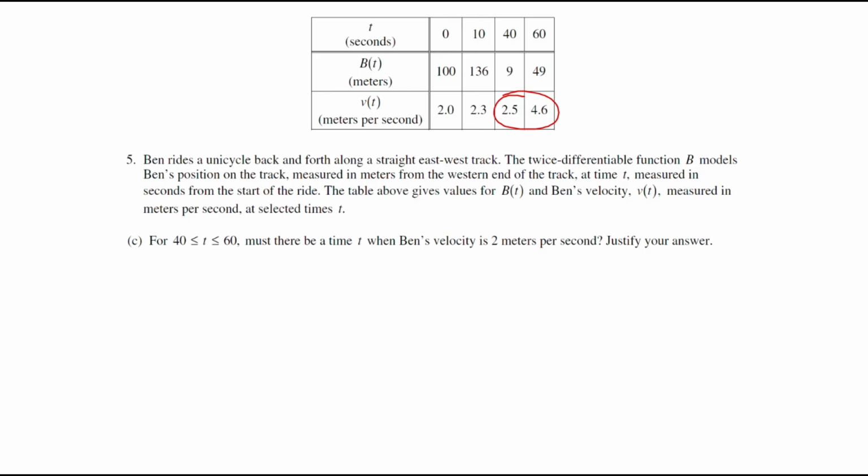So the other option is to use the mean value theorem with 9 and 49. And the mean value theorem says that if the function is continuous, which B is, we know it's continuous because we knew that B was twice differentiable. If a function is differentiable, that implies that it is continuous.